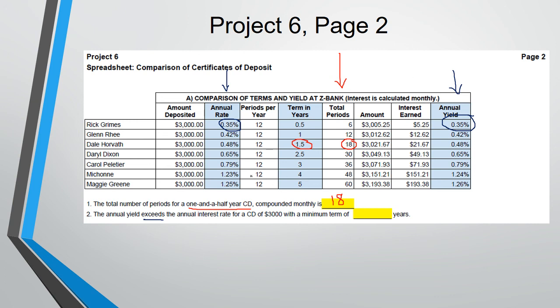However, the second to last one, annual rate is 1.23, annual yield is 1.24. That means that row is the right answer. They are looking for the minimum term of years. So for this box, we're going to write in 4 because we're looking at the answer from that column. Put in 4, and that's all you have to do for page 2.